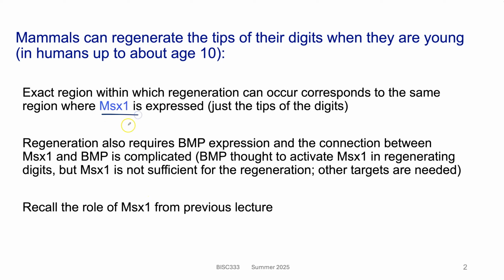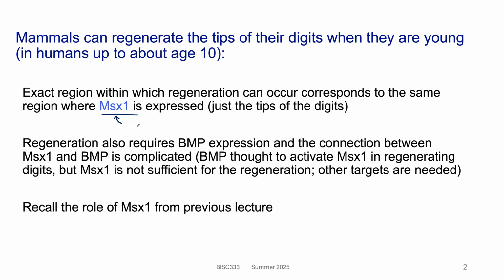So just in the tips of the digits, even after birth, that gene is being expressed a little bit there. Okay, and so just remind yourself what MSX1 does in limb regeneration, what its role is, and that will help you understand why MSX1 is important in this process, and what it has done to allow that regeneration to occur.